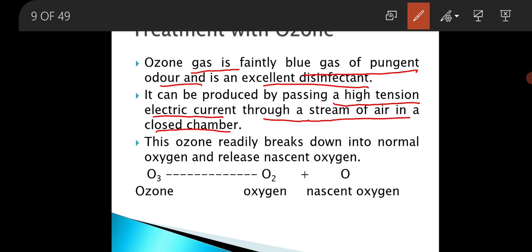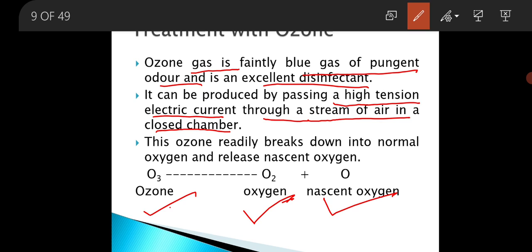The ozone produced is highly unstable and it breaks into oxygen and nascent oxygen, and this nascent oxygen is a powerful oxidizing agent and it will remove the organic matter as well as bacteria from the water.